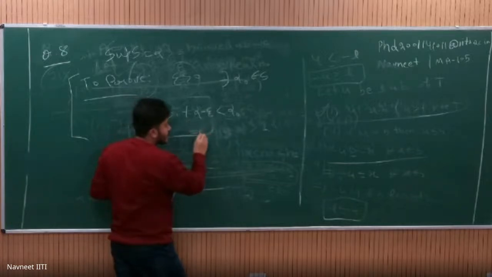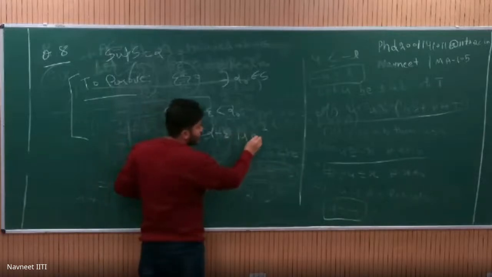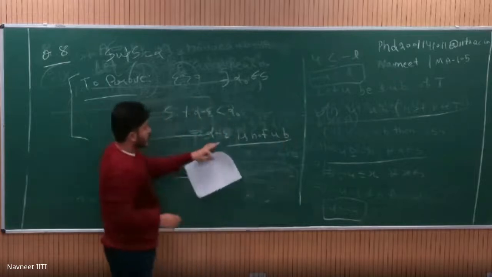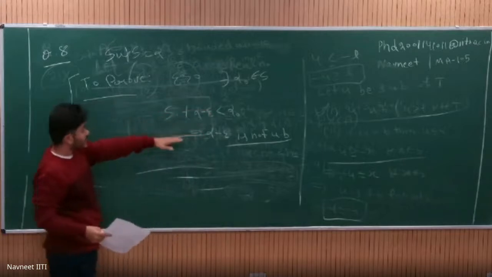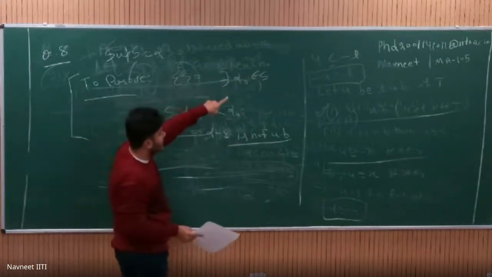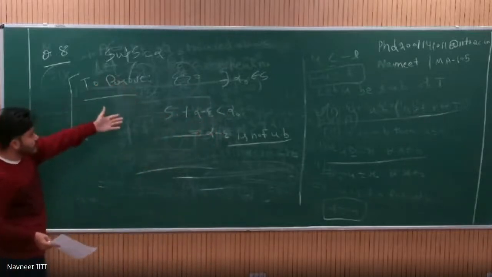Actually, we are saying that alpha minus epsilon is not an upper bound. Clear or not? A set's upper bound is when it is greater than all elements. If this is not an upper bound, that means there must exist some element which is greater than alpha minus epsilon.